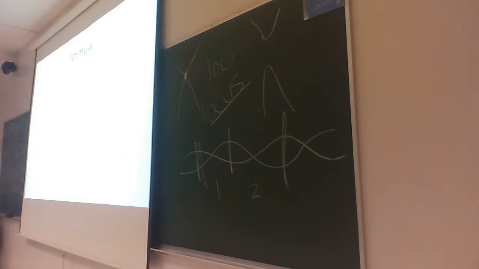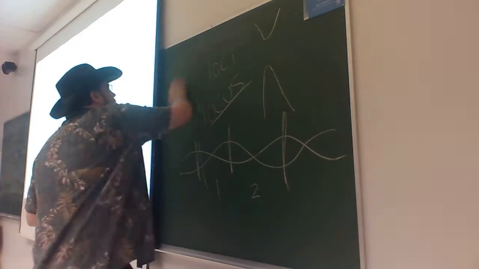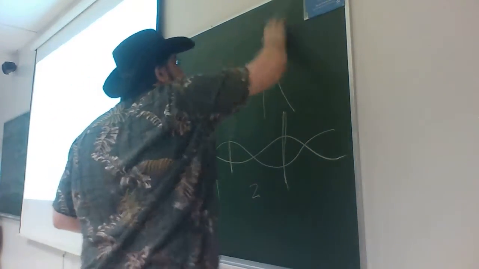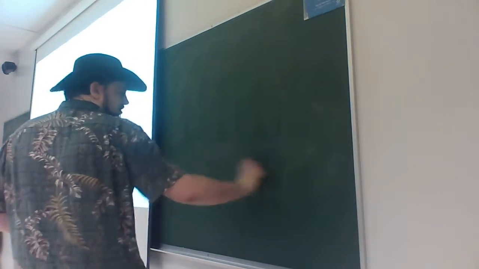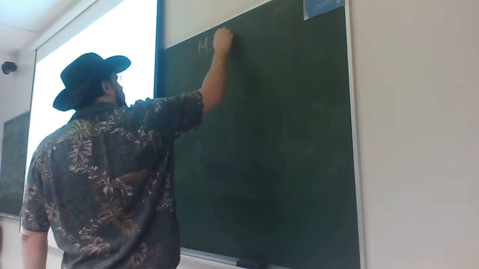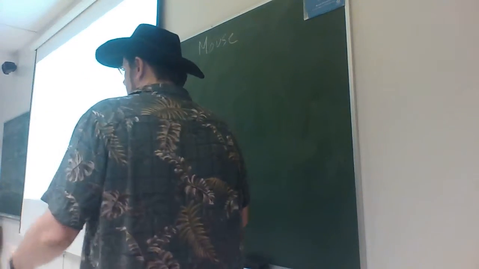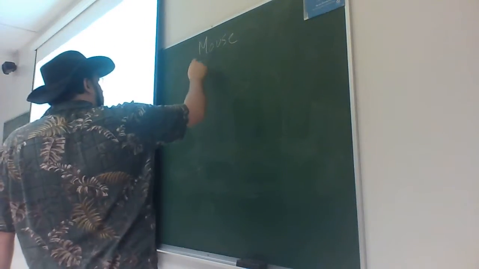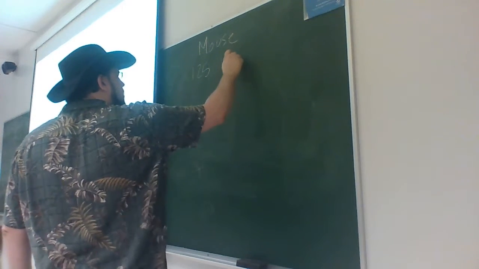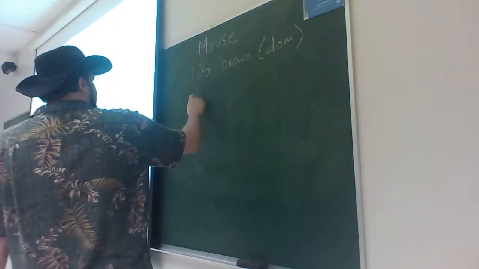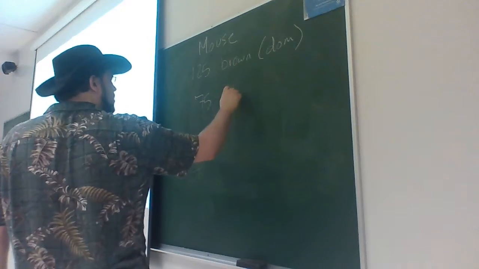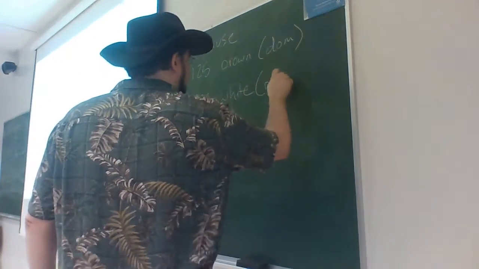If we have a population of individuals, and we calculate out the number of dominant phenotypes we see and the number of recessive phenotypes we see. So we look at, I don't know, a mouse, and we see in this particular population 125 brown mice, and we determine that the brown coat color is dominant, and let's say 75 white mice, which is recessive.